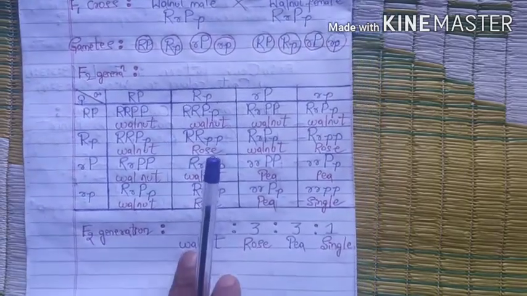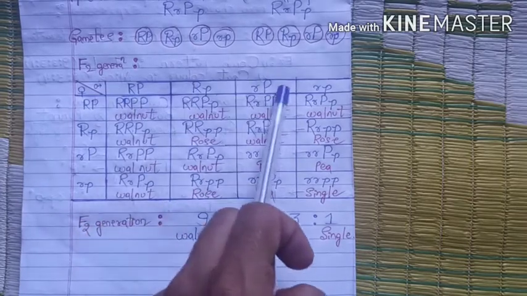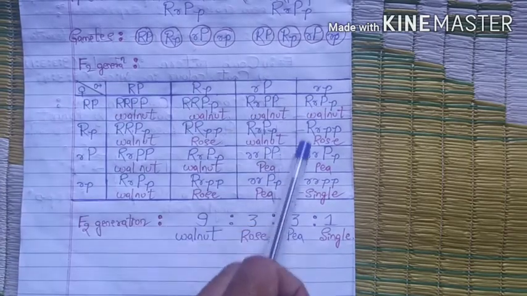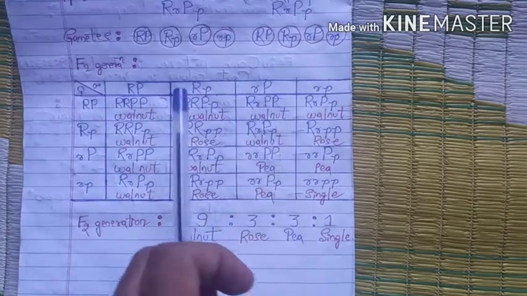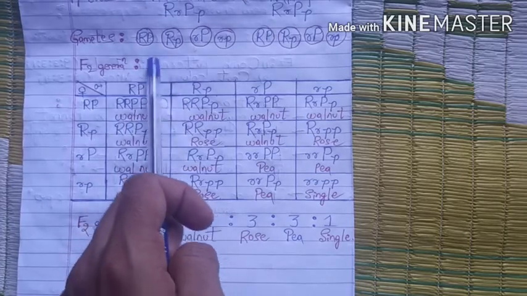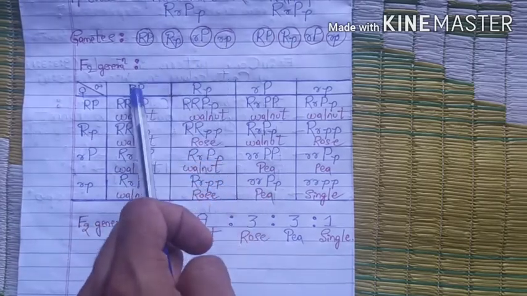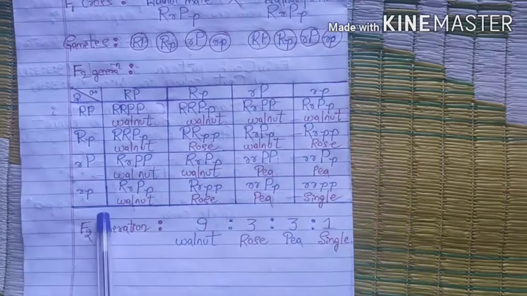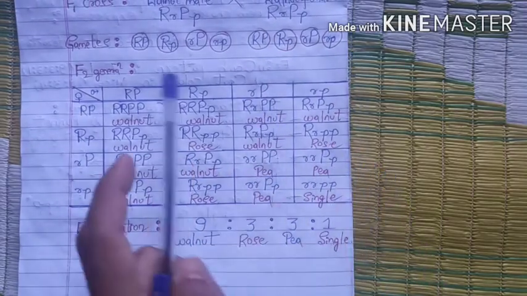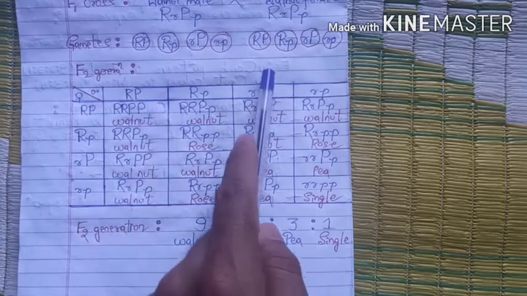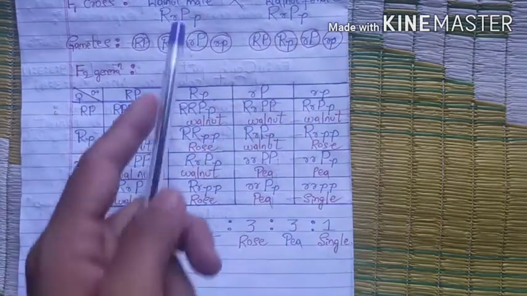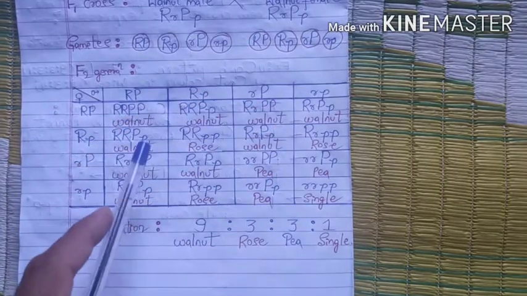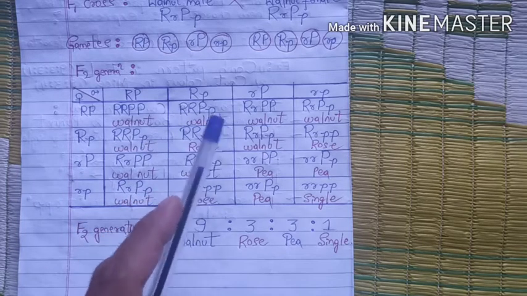Now if you look at the F2 generation by drawing the checkerboard or Punnett square, you can take all these 4 gametes in a row and all these 4 in a column, or vice versa. I think you know very well how to write this Punnett square.